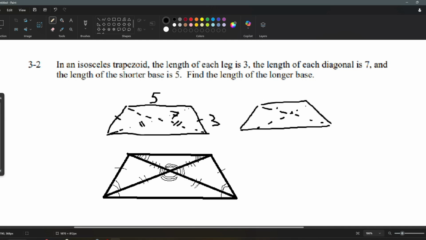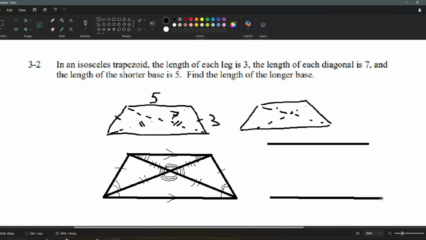I don't think I'm getting anywhere. Oh, maybe we could use parallel lines. So these lines are parallel, right? So that means that, let's get another trapezoid real quick. Yeah, I'm just gonna shorten this a little.